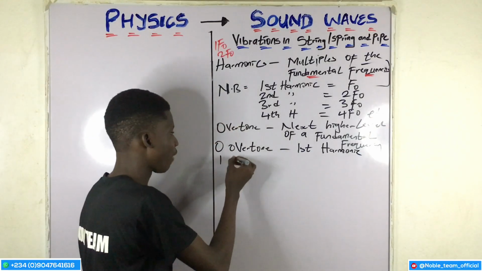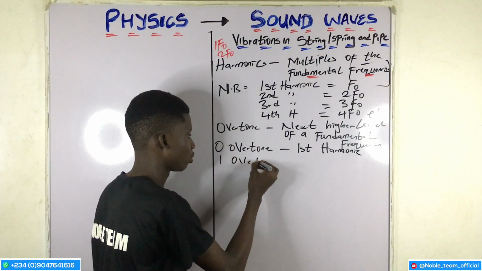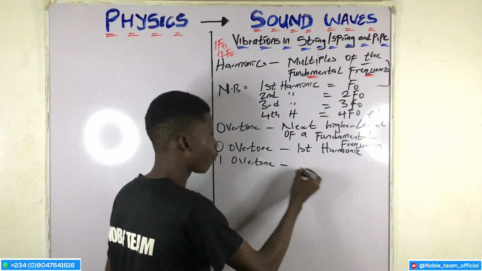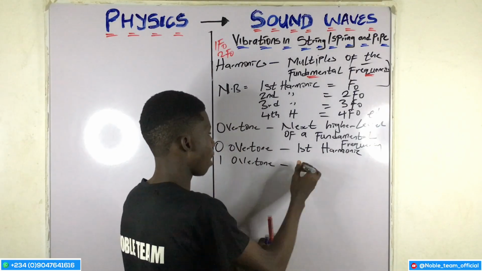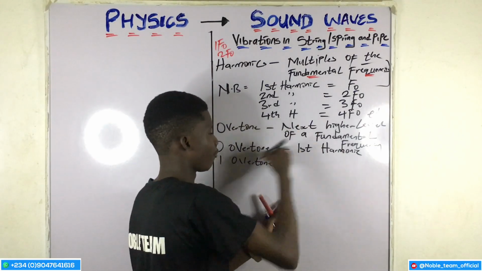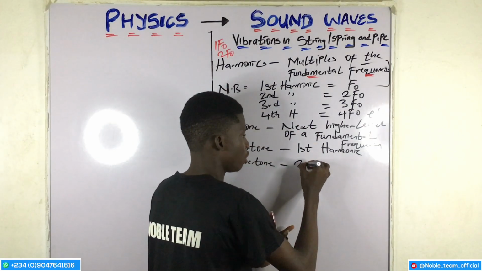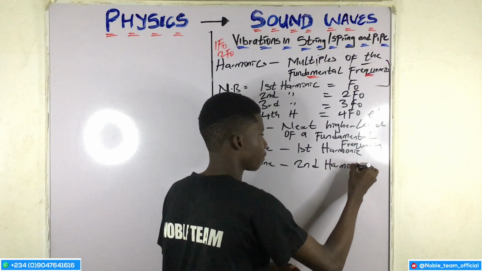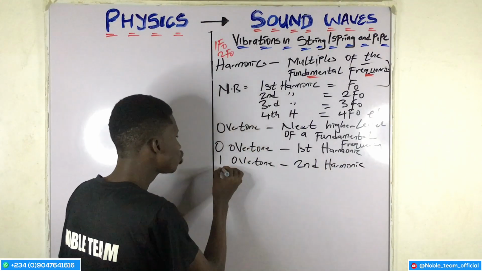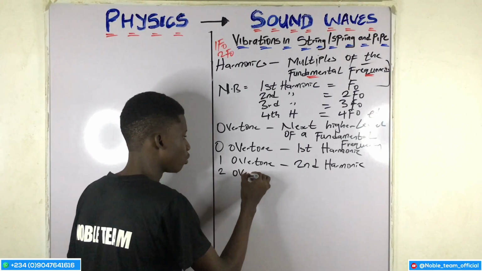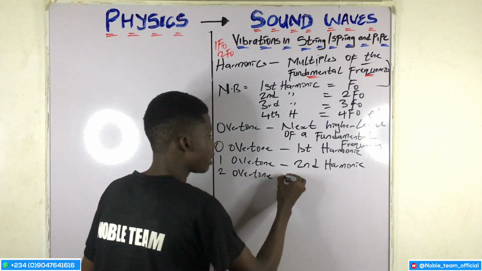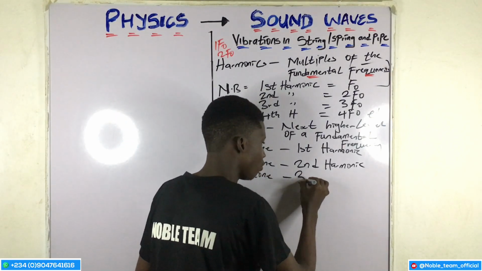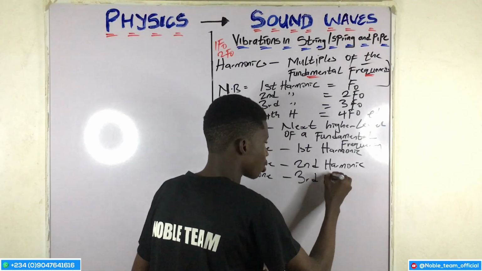I have 1/2. If I have 1/2, the higher level of 1 is 2, which is the second harmonic. I have 2/2. The next higher level is going to be 3/2, third harmonic, sorry.